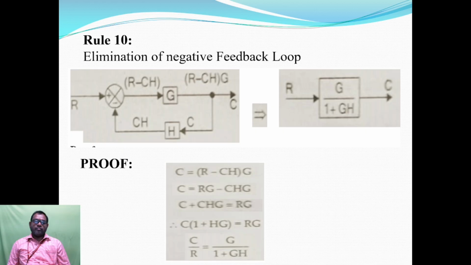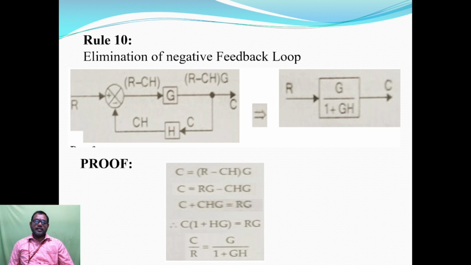The elimination of negative feedback loops. This is rule number 10. Here we are going to eliminate, or reduce, the negative feedback. R is called the input, C is called the output, and there are three components: the summing point, the plant G, and the feedback H. R minus CH is the output of the summing point, and R minus CH into G is the output of the plant.